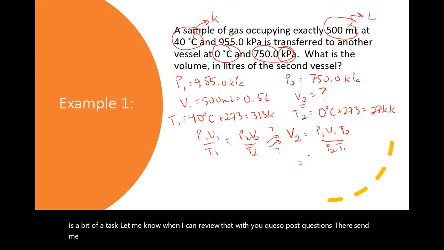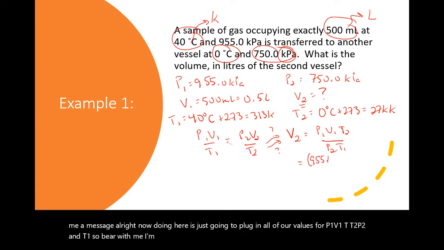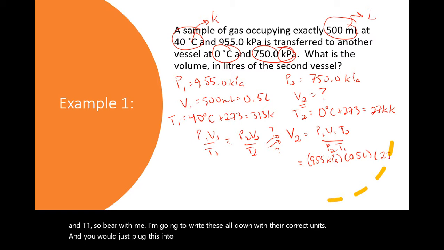All we're now doing is plugging in all of our values for P1, V1, T2, P2, and T1. Bear with me, I'm going to write these all down with their correct units. And you would just plug this into a calculator and you're done.